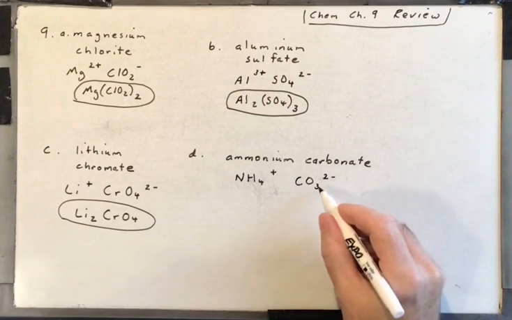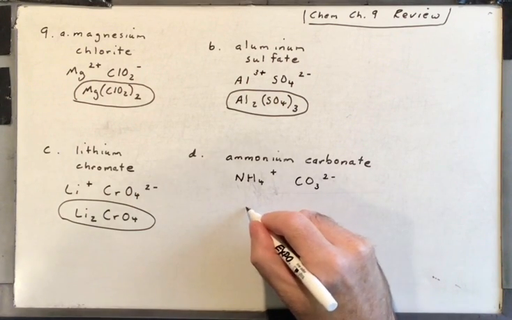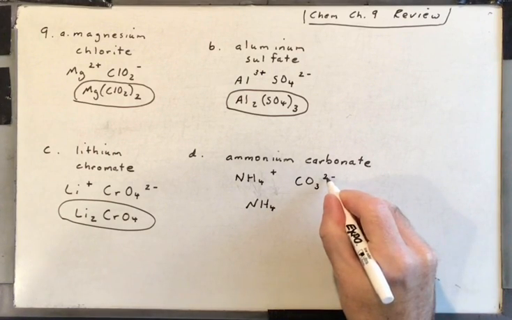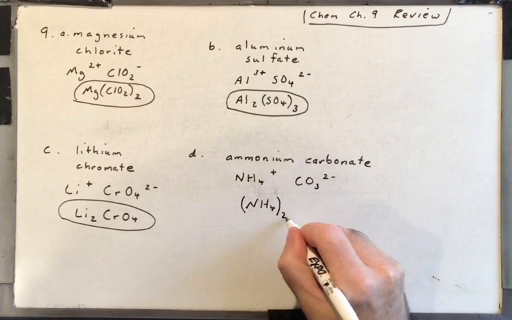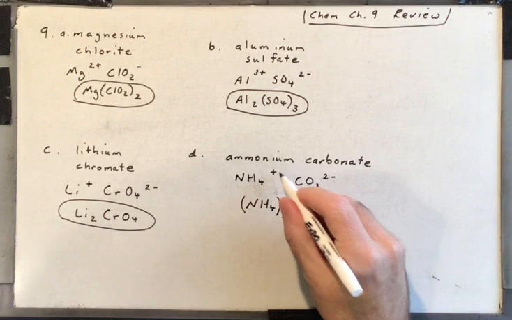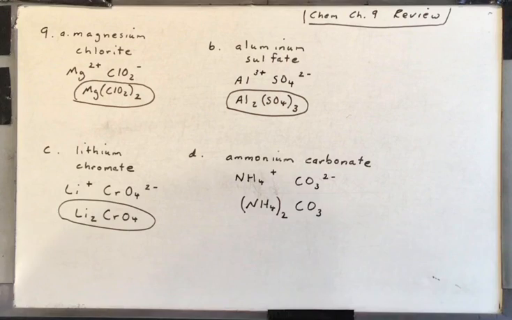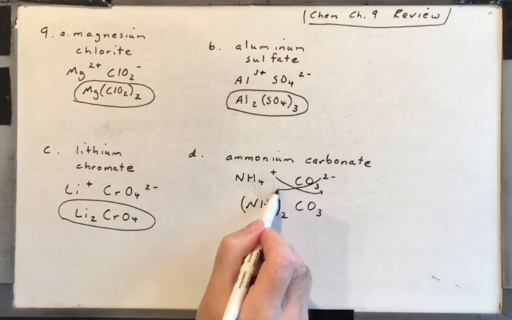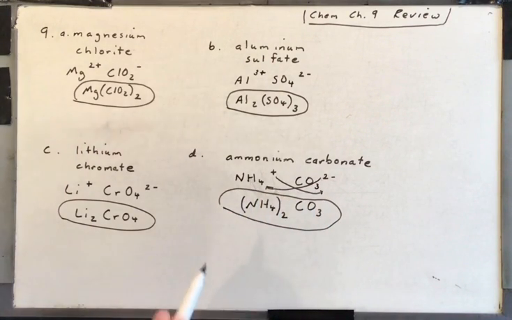Ammonium's in the first column, so we have NH4, and we're going to bring this 2. That 2 goes with the NH4 after we switch, so we have to put parentheses around that. And then CO3, there's just one of those because we have a 1 charge here, so CO3 does not need the parentheses. That 1 goes right there, and the 2 goes right there. All right, so those are the formulas.